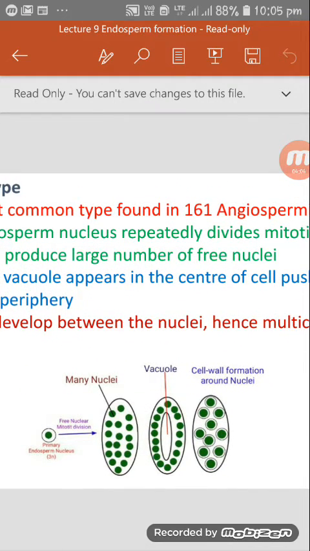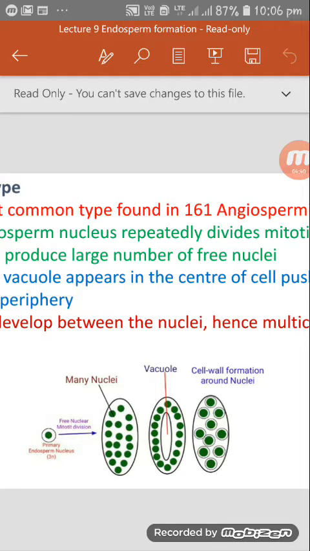See the PEN, how free nuclear mitotic division produces many nuclei, which get arranged near the side of the wall, leaving a vacuole in the center.